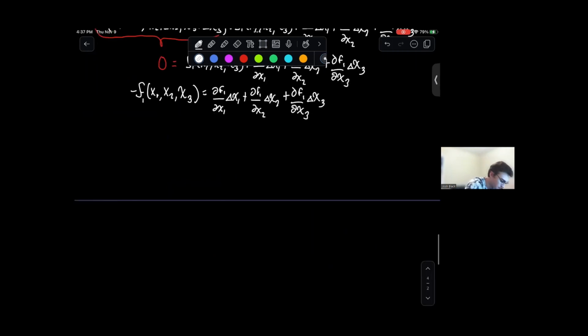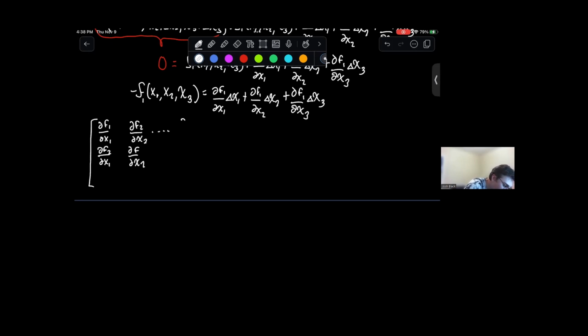So altogether, we would have a derivative of f1 with respect to x1, the derivative of f2 with respect to x2, and then the derivative of f3 with respect to x3. Then we would go down to the next row, and we would do the same with our next function, the derivative with respect to x2, and so on.